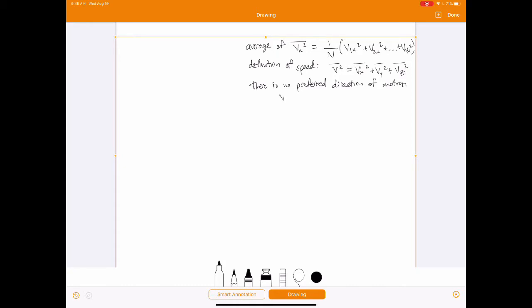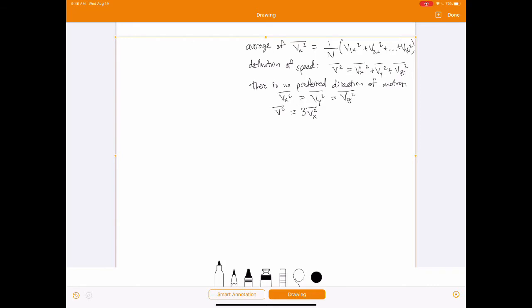So in other words, what we can say is the average of Vx squared is the same as the average of Vy squared is the same as the average of Vz squared. Those are all the same thing. Which means that if we go back to our definition of speed, average speed squared, well, the three terms I'm adding together, Vx squared, Vy squared, and Vz squared, they're all the same. So I could just write this, if I wanted to, as 3 times the average of Vx squared.